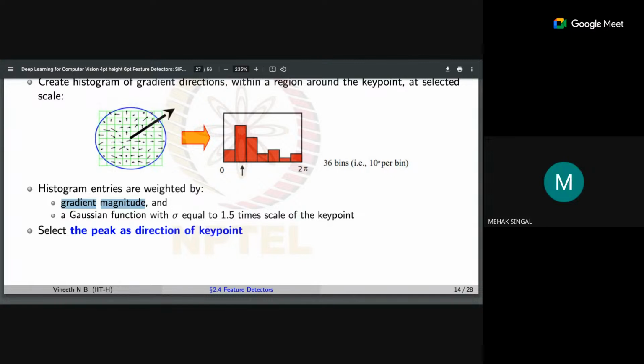And now again you are using the scale, not just the scale, you are using sigma equal to 1.5 times the scale for that key point. So we're multiplying with the Gaussian kernel again for this step.